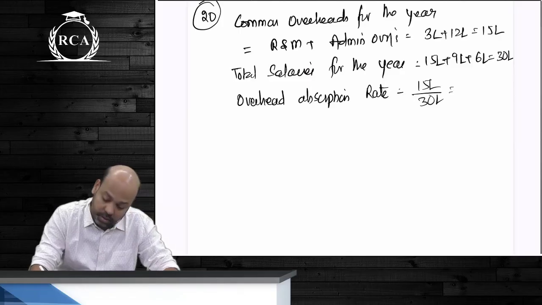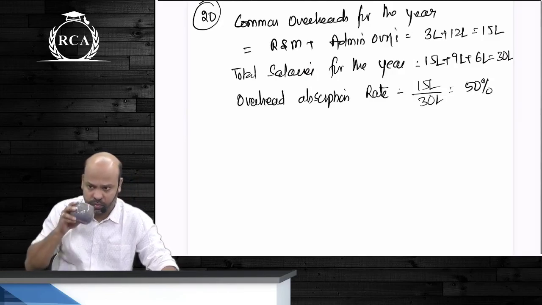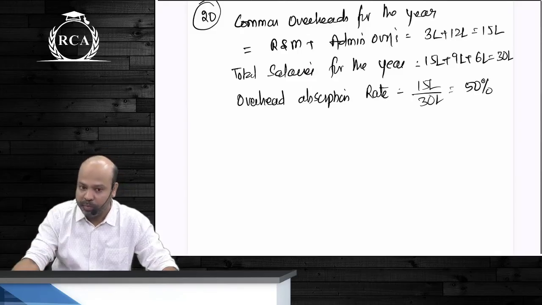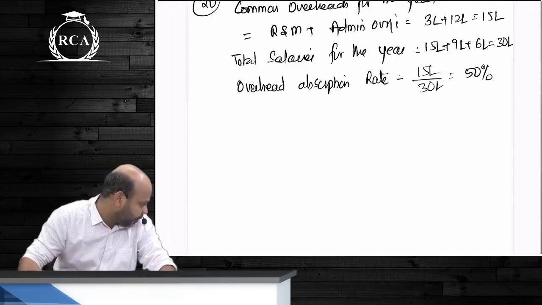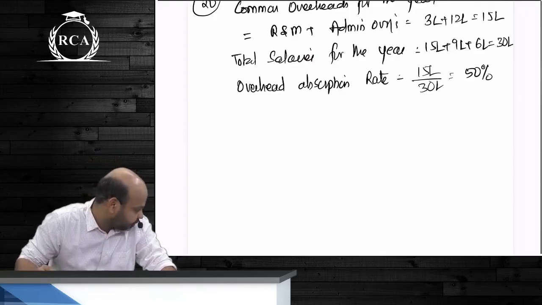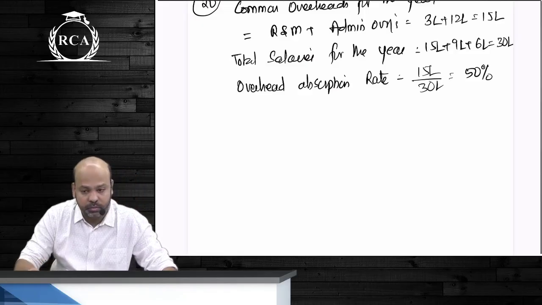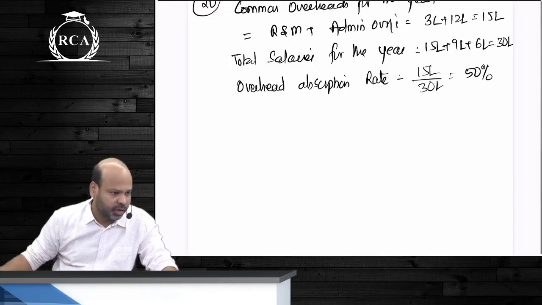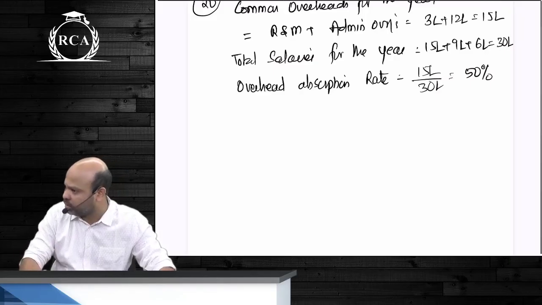That will be 50%. 50% beta will be, Janasri says 26 lakhs. Are we all clear about this guys?